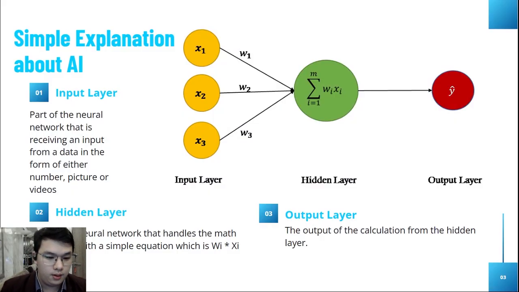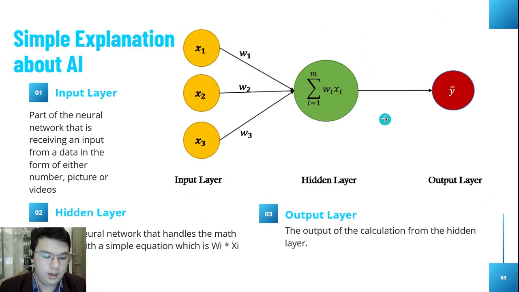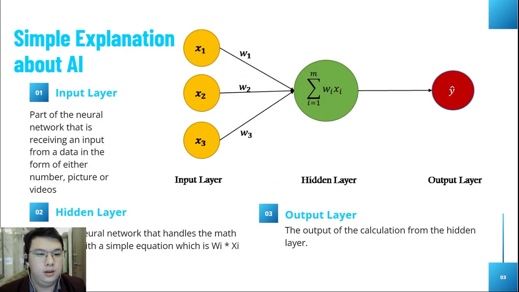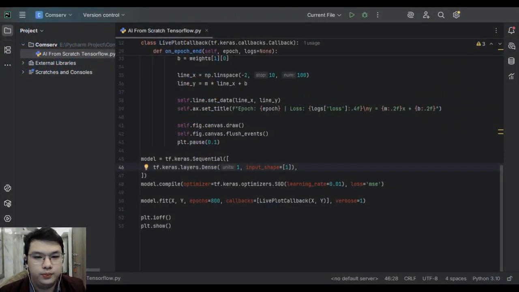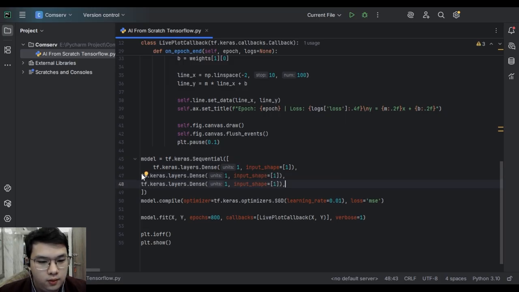As you can see right here, this is a neuron, and this is another neuron in a different layer, and this is another neuron in a different layer. If you want to create it like that, then you will do it like this.